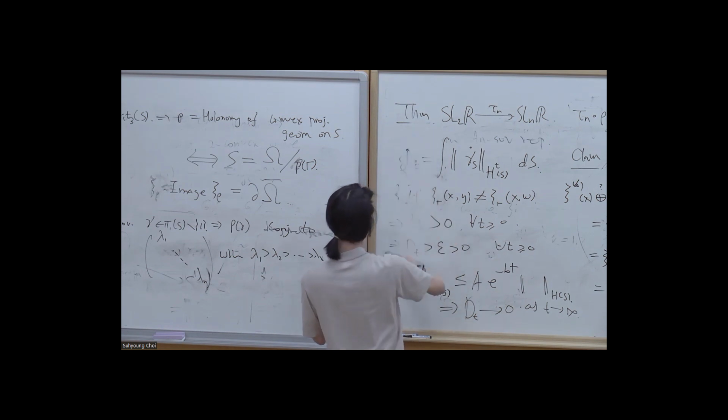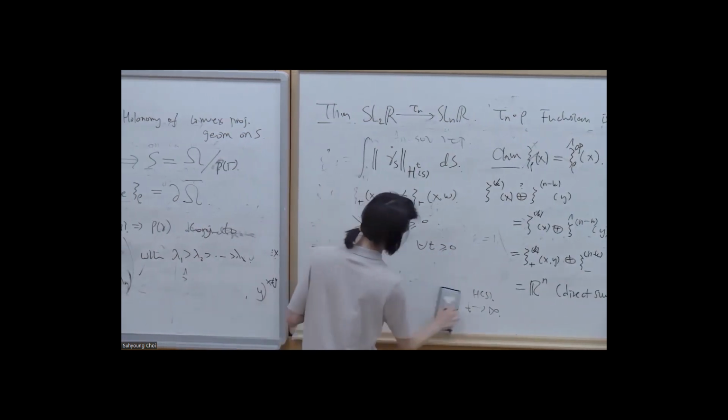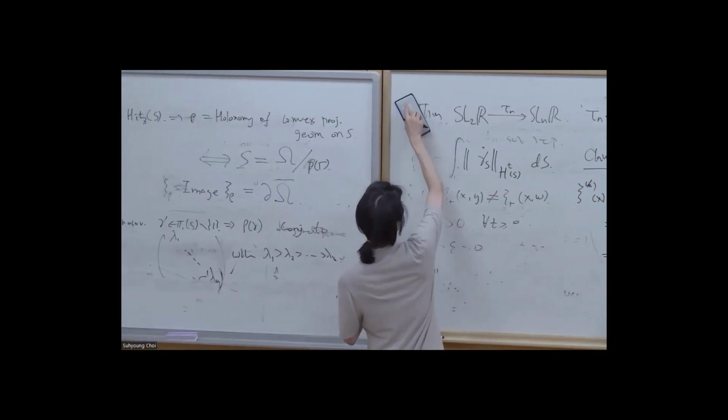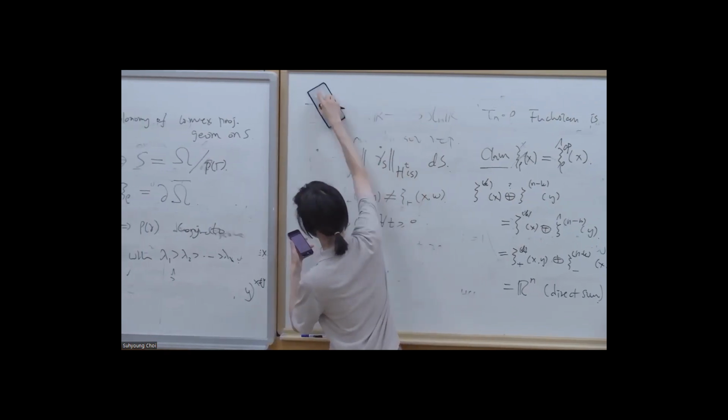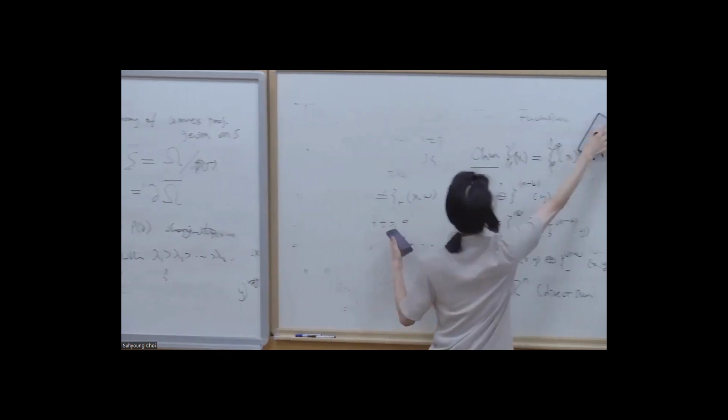Now we can characterize the Hitchin component in terms of Anosov representations. To do this, I need some more definitions.